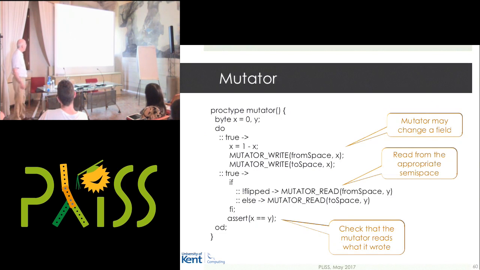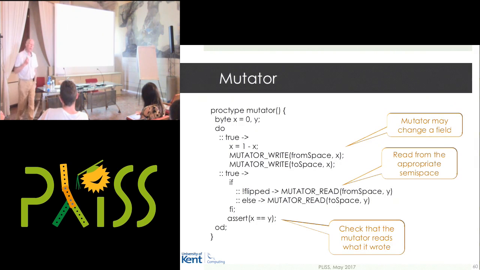Here's what the mutator does. It keeps on changing the value of a field. So we keep on flipping the value of this field x. We write to from space, we write to to space. If it's not flipped, we read from from space; if it is flipped, we read from to space.